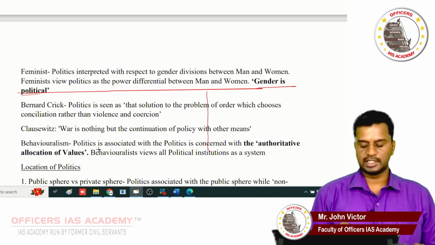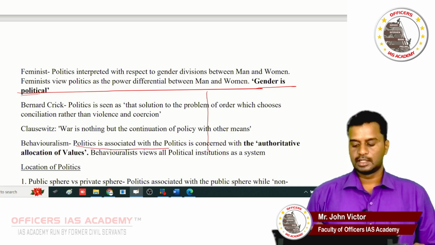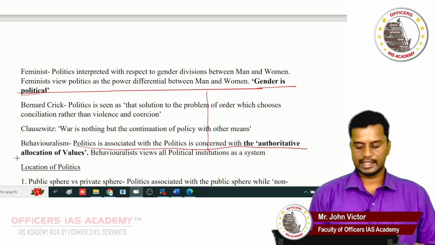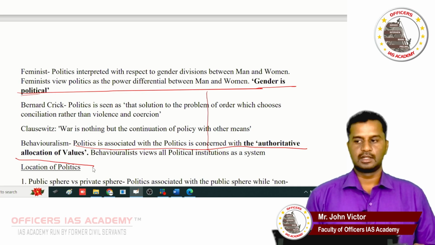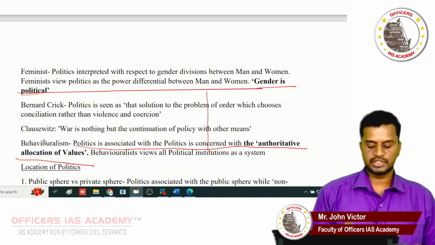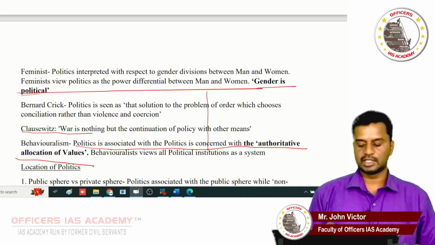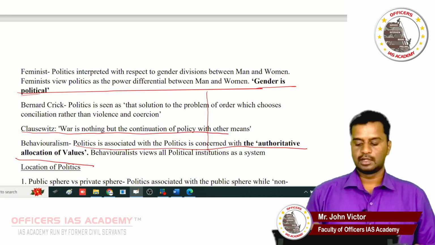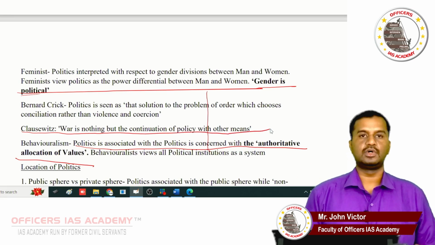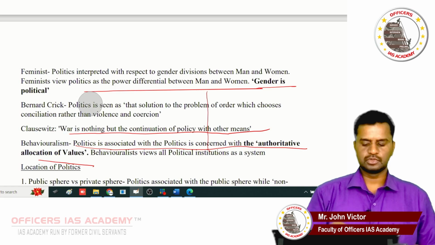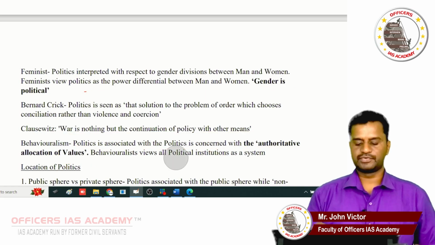According to behavioralism, politics is associated with the authoritarian allocation of values. According to scholar Clausewitz, war is nothing but the continuation of politics through other means. So write based on different perspectives.